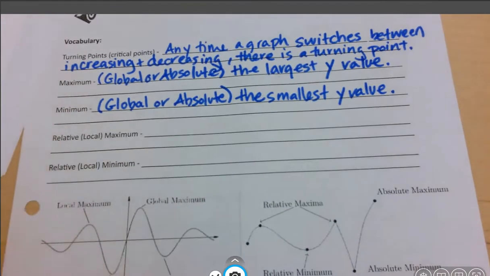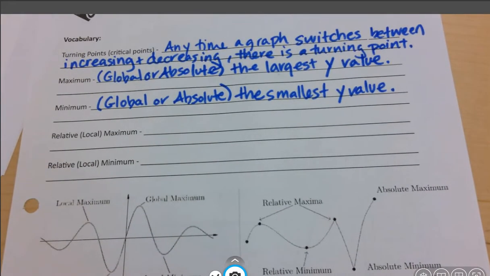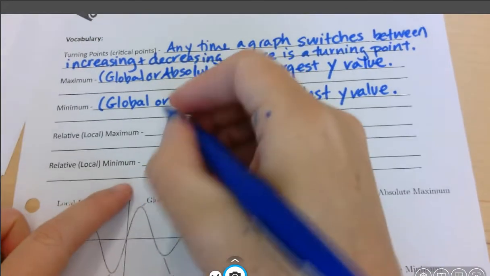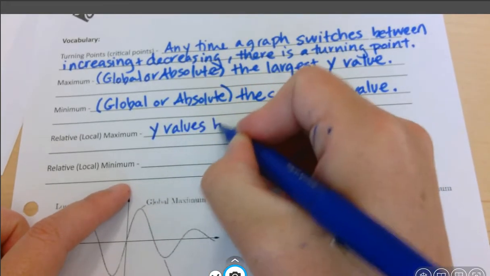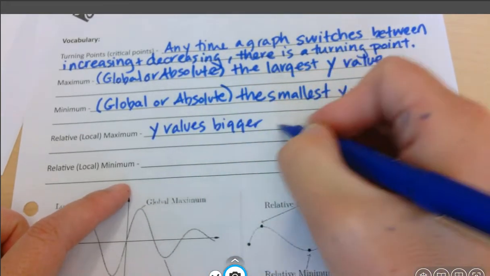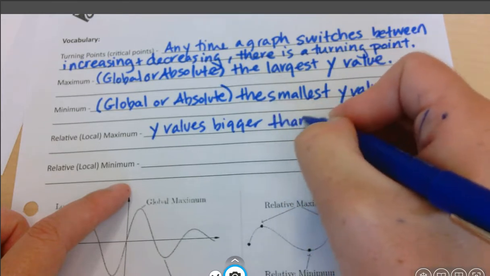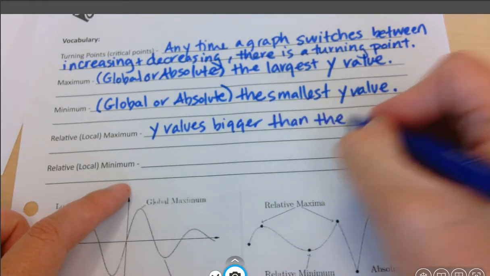Relative or local maximums have to be larger than the points right to their left and to their right, but they don't have to be the biggest overall. So those would be y values bigger than the y values to the left and right of the point.